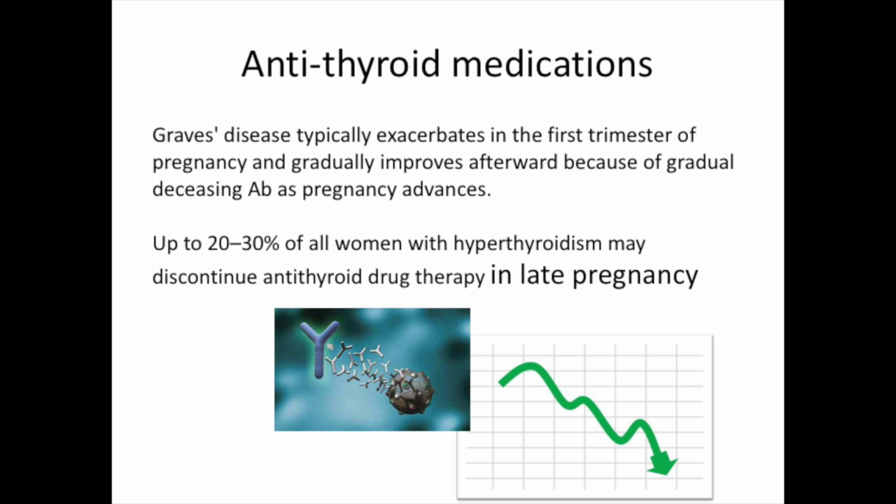You don't want your patient to be euthyroid and giving her antithyroid medication will induce hypothyroidism, ending up developing hypothyroidism while you were treating a case of hyperthyroidism. Both have side effects on the mother and fetus, and you don't want that. You want a euthyroid state during pregnancy.